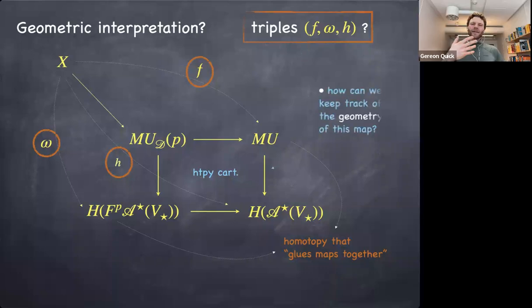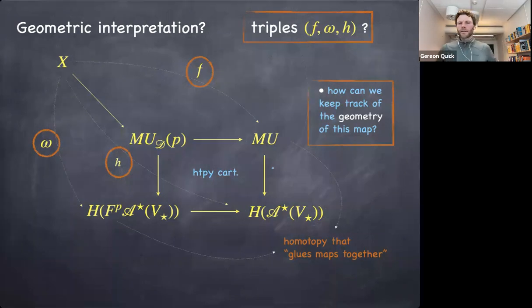And one main question that I was wondering about was how can we keep track of the geometry of this vertical map here from MU that we defined by some very abstract arguments to smooth forms. So how does this map actually work?